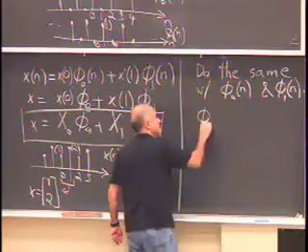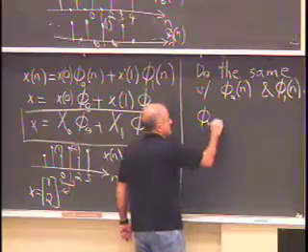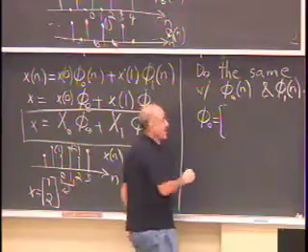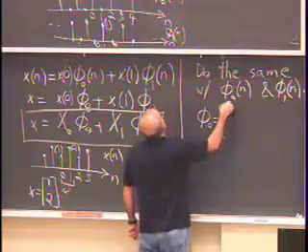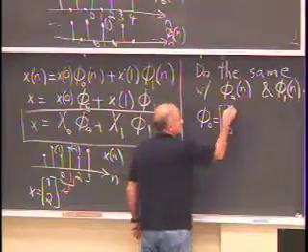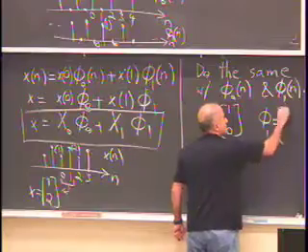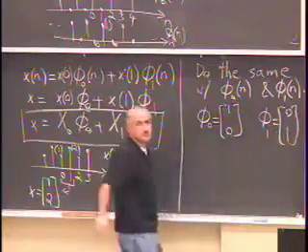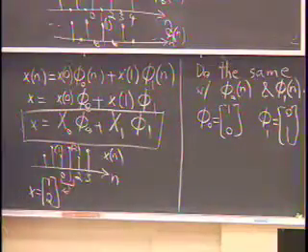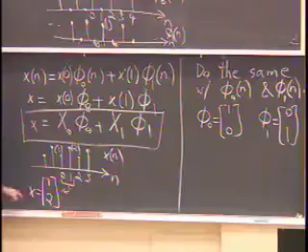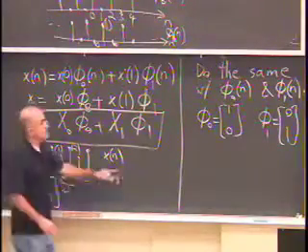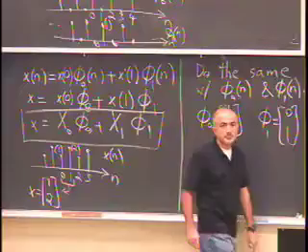So phi 0 can be encapsulated with the vector 1, 0, and phi 1 is 0, 1. And all we're asking here is to decompose x as a linear combination of phi 0 and phi 1.